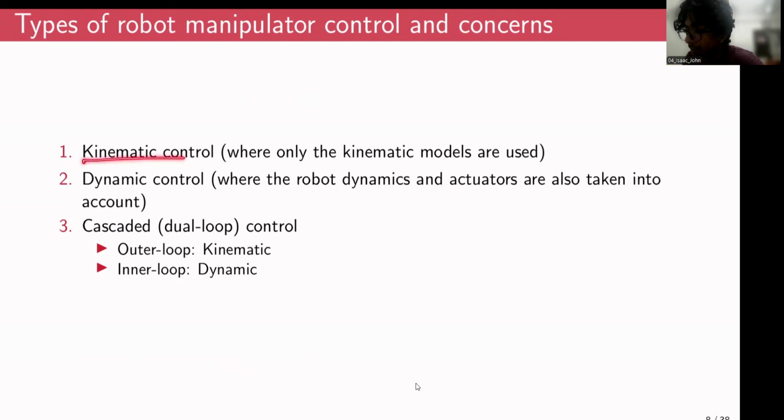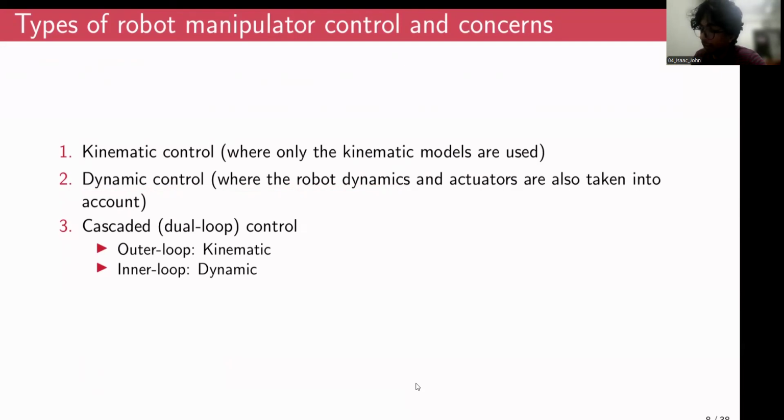So we can adopt a very simple kinematic control when the robot is moving very slowly, or in a quasi-static manner. But if the inertial effects are not negligible, if a very fast trajectory tracking is of interest, we would have to go for dynamic control, where the robot dynamic model is also accommodated in designing the motion controllers.